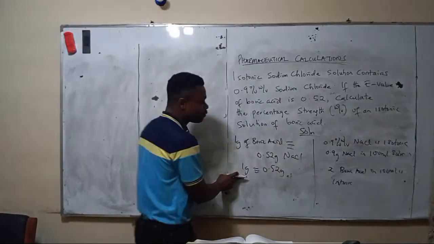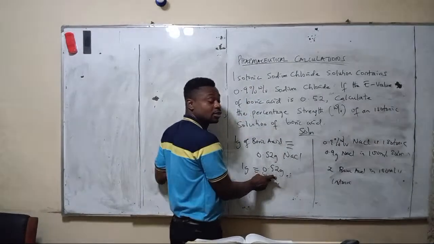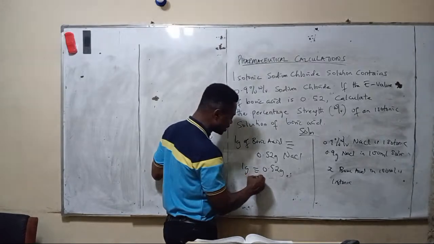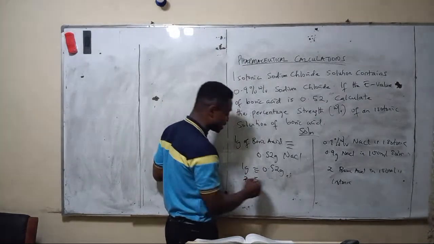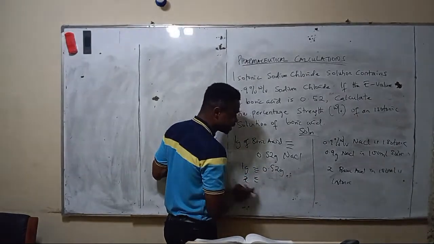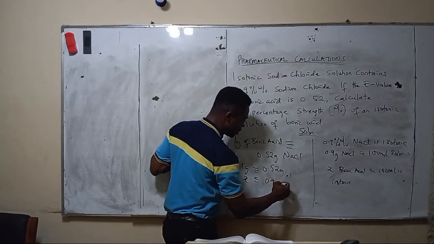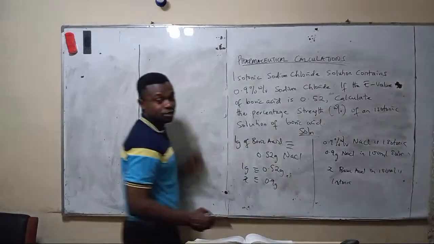So if 1 gram of boric acid is equivalent to 0.52 gram of sodium chloride in terms of tonicity, that means this X of boric acid should be equivalent to 0.9 gram of sodium chloride in terms of tonicity.